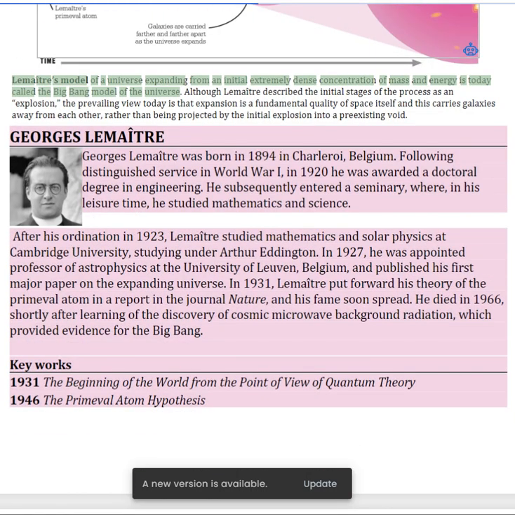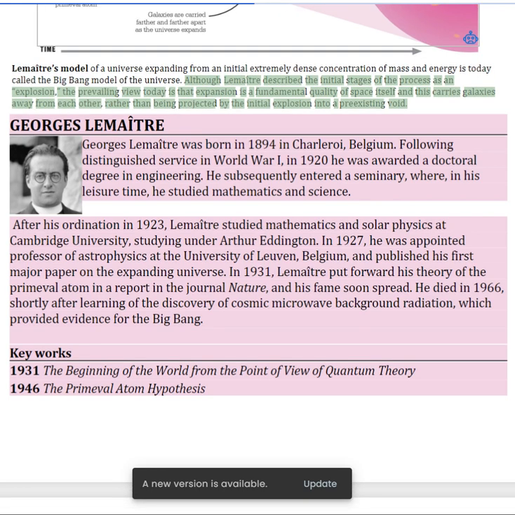Lemaitre's model of a universe expanding from an initial extremely dense concentration of mass and energy is today called the Big Bang model of the universe. Although Lemaitre described the initial stages of the process as an explosion, the prevailing view today is that expansion is a fundamental quality of space itself, and this carries galaxies away from each other, rather than being projected by the initial explosion into a pre-existing void.